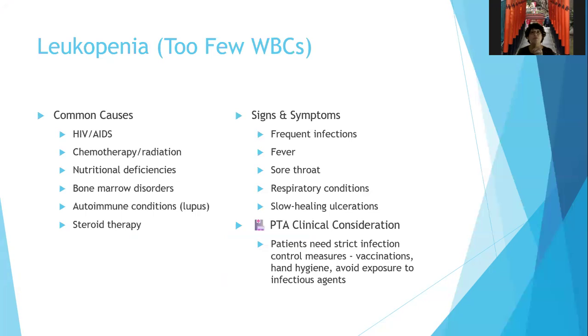Signs and symptoms of leukopenia: frequent infections, fever, sore throat, respiratory conditions, and slow healing ulcerations. So if you don't have enough white blood cells, you can't fight off those infections. PTAs need to observe strict infection control measures with leukopenic patients. And so vaccinations, hand hygiene, all the stuff we talked about in the last chapter.